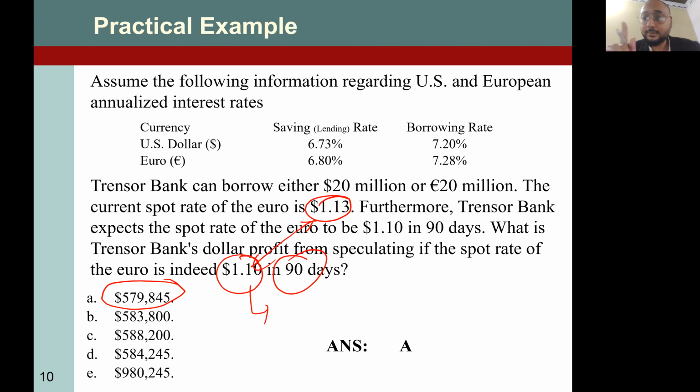But the condition is that your prediction is right. If it is worse, if it is 1.18 instead of 1.10, then all will be in loss. So this much or more is going to be your loss.